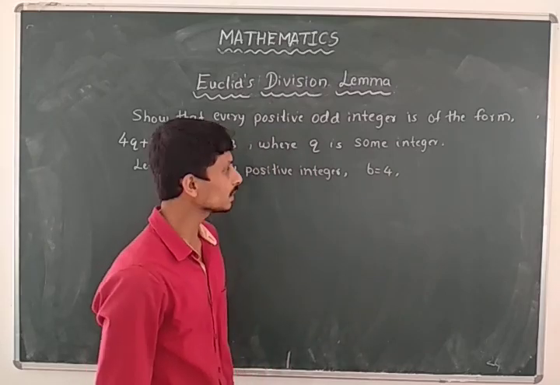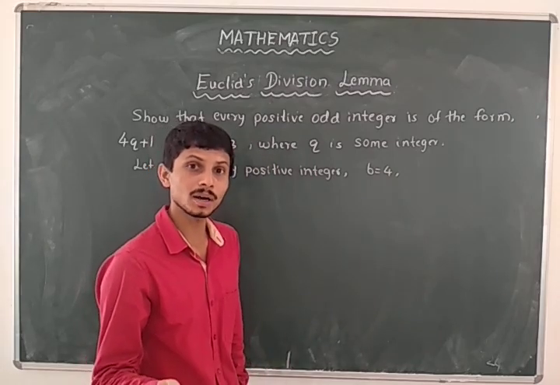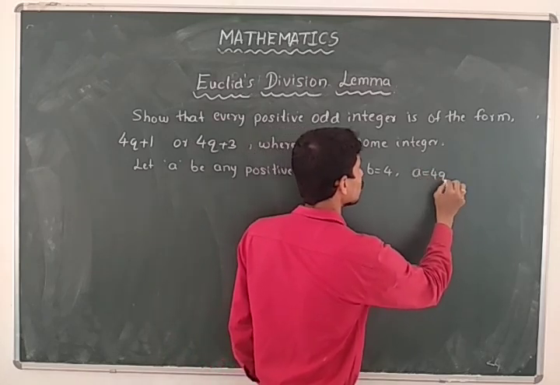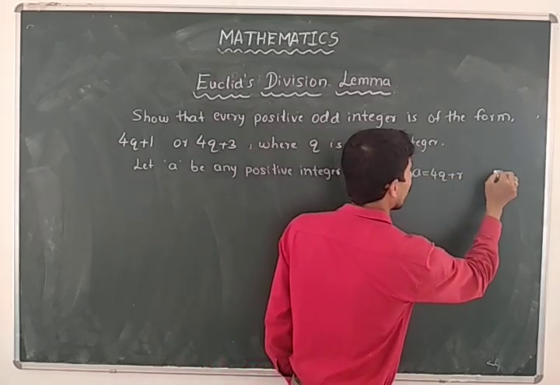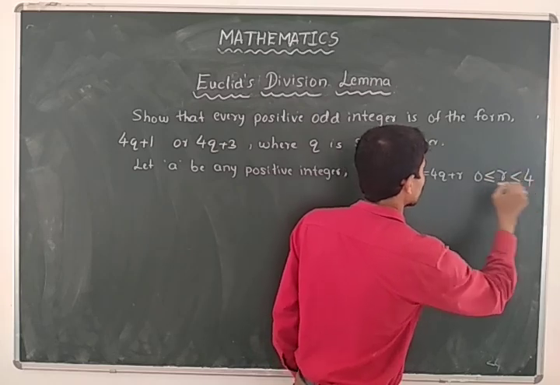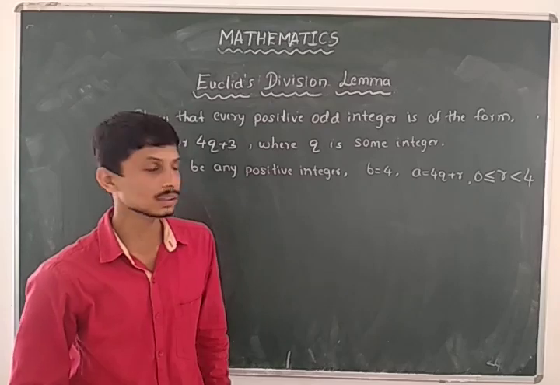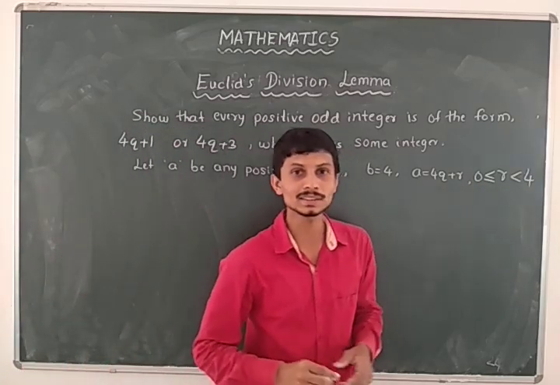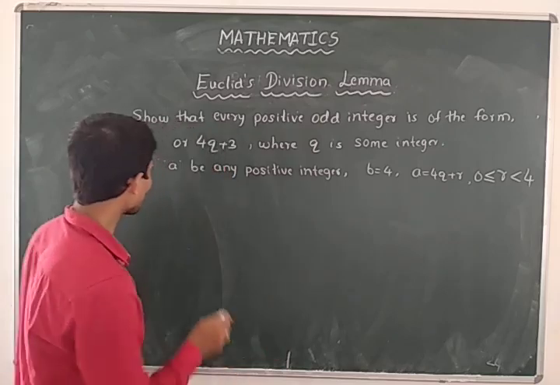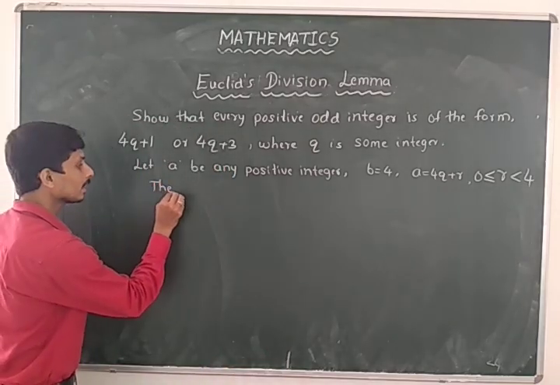By using Euclid's division lemma, a is equal to 4q plus r, where r is greater than or equal to 0 and less than 4. So r is less than 4, what are the possibilities of remainders?